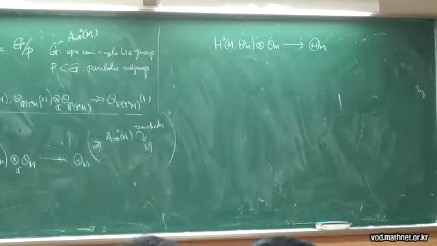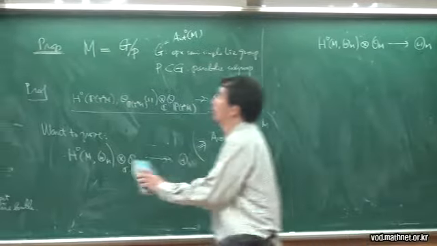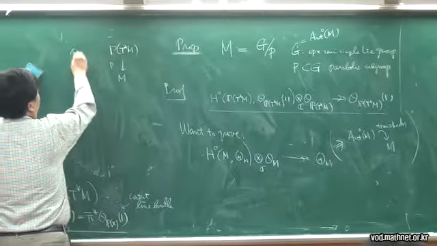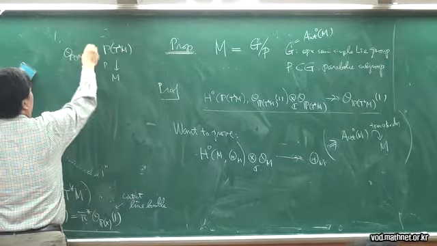Here, there is a map from M. We call this map P, and here the tautological line bundle is here.